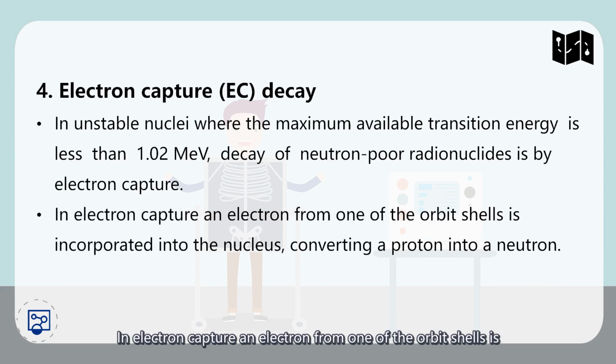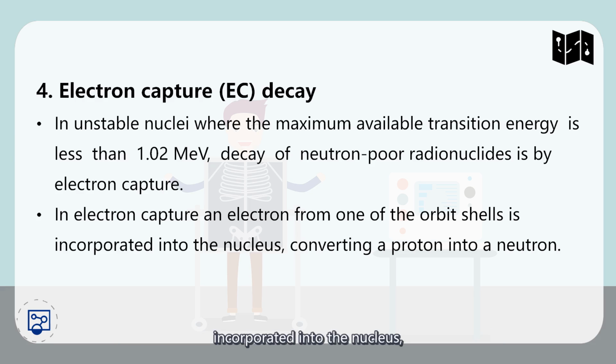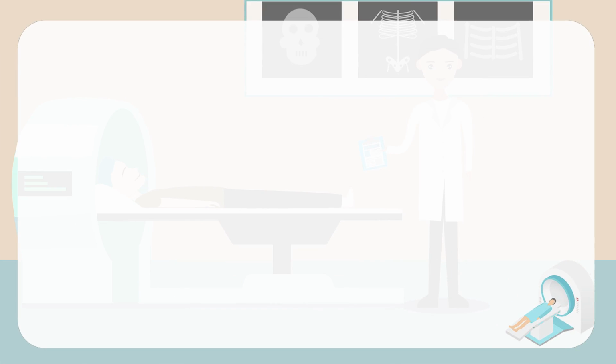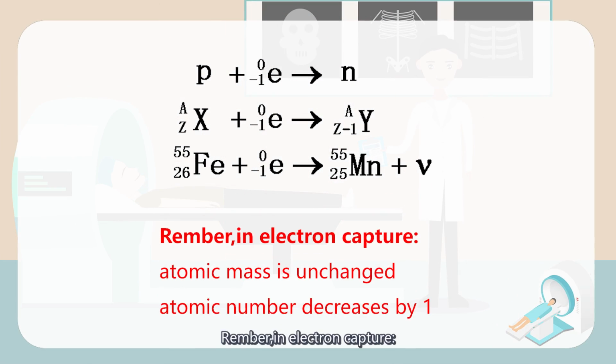In electron capture, an electron from one of the orbital shells is incorporated into the nucleus, converting a proton into a neutron. So remember that in electron capture, atomic mass is unchanged and the atomic number decreases by 1.